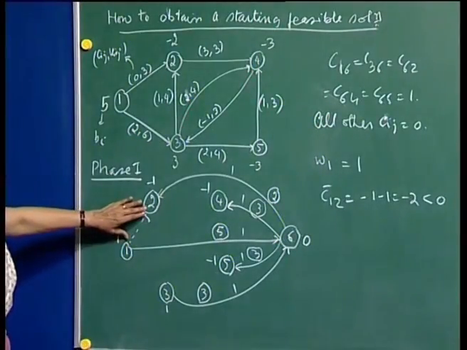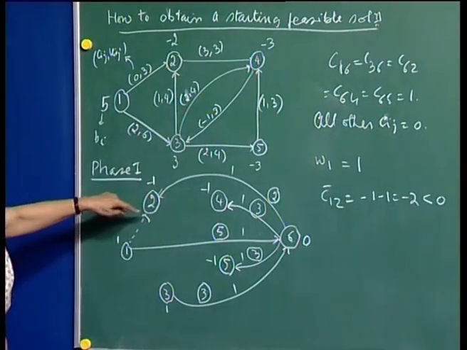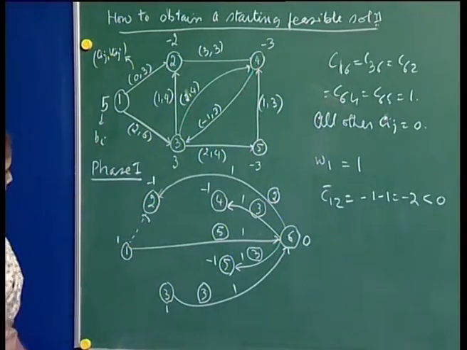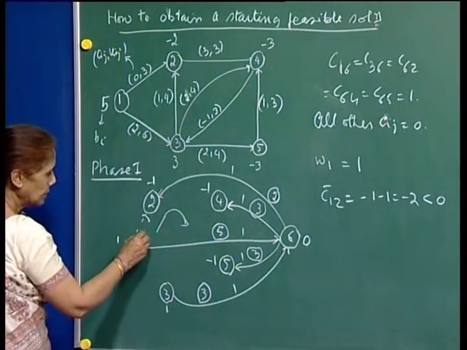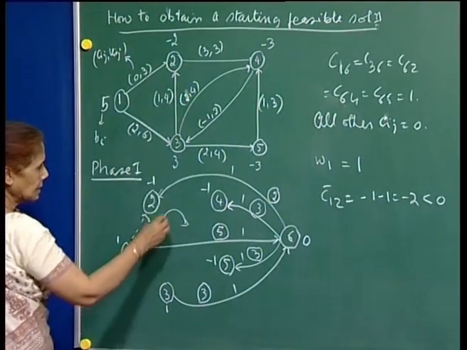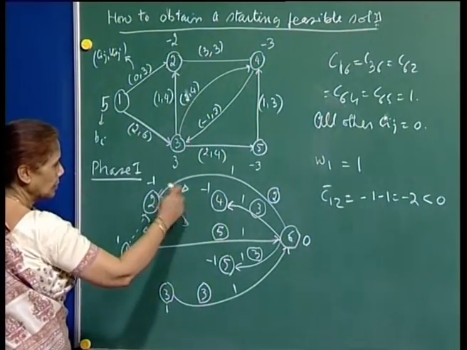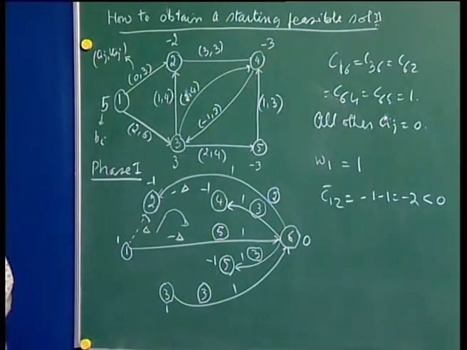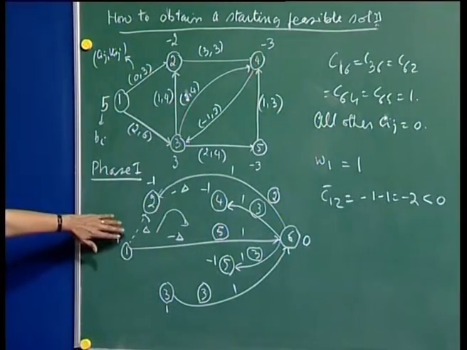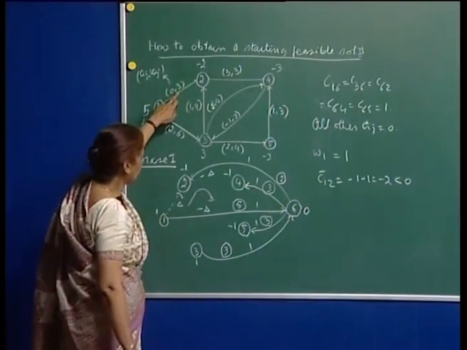The moment you add this arc to your tree, there is a cycle, and you want to increase the flow. The orientation of the cycle is this: if this is plus delta, this will be minus delta, because the arc is in the opposite direction, and here also it will be minus delta. We look at the upper bounds here. For example, delta here cannot be more than 3.